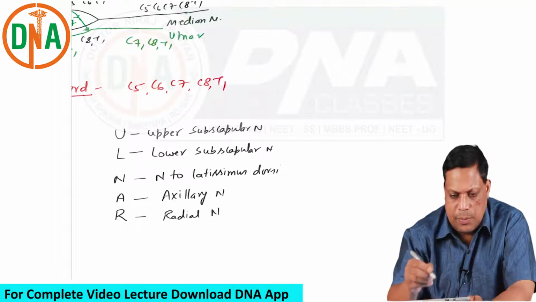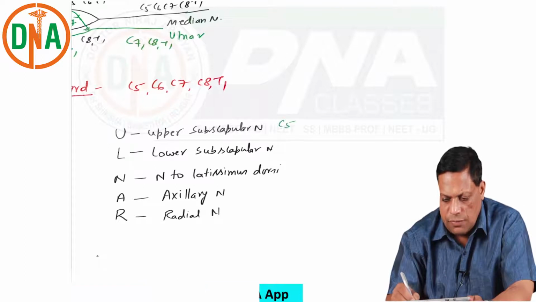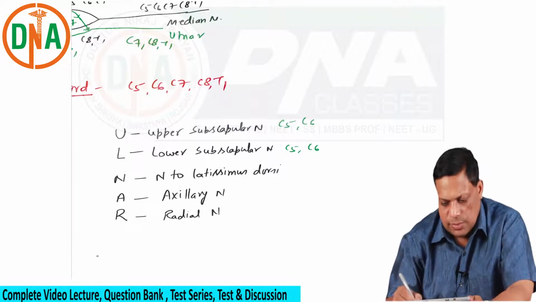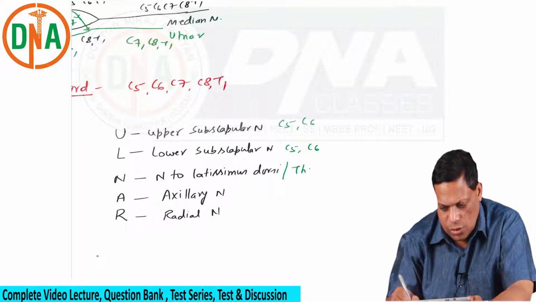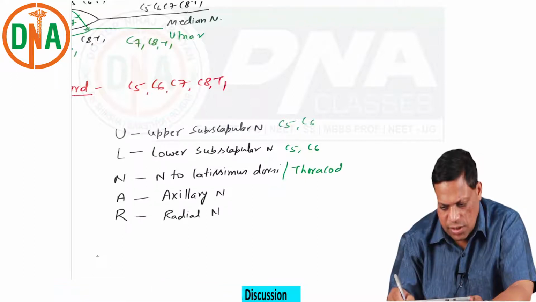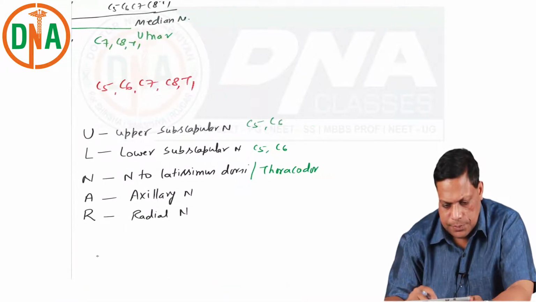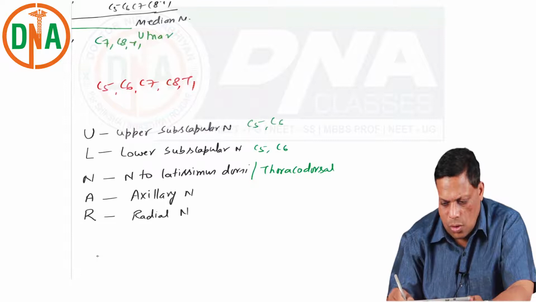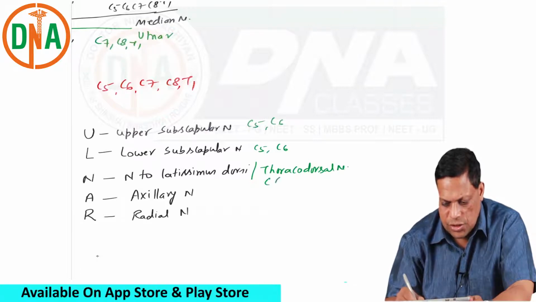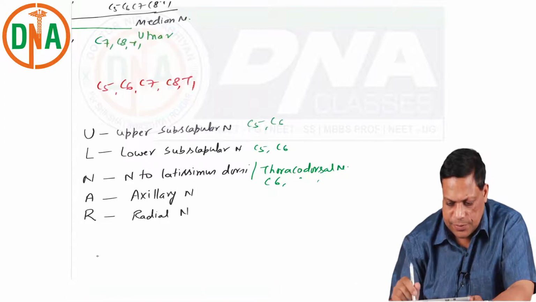Now what are the root values of these branches? Upper subscapular nerve, its root value is C5, C6. Lower subscapular nerve, root value C5, C6. Nerve to latissimus dorsi, also known as thoracodorsal nerve, its root value is C6, C7, C8.